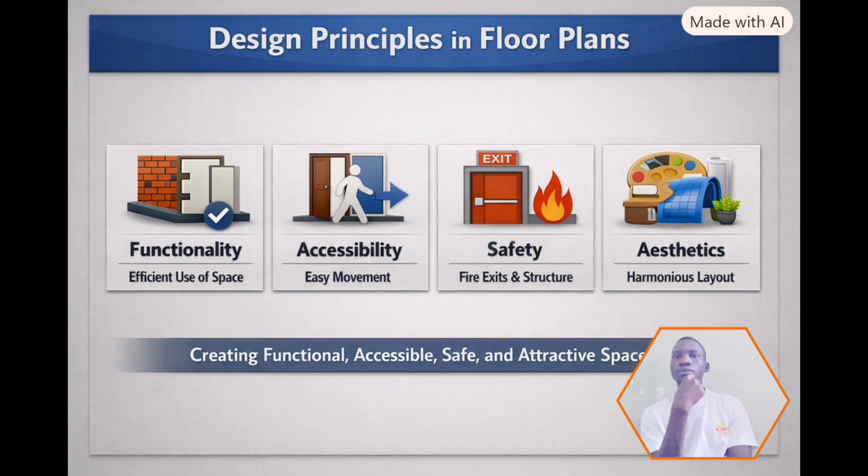Safety, exits and structure in case of any occurrence or natural disaster. There could be a fire outbreak, a landslide, or anything that could cause danger to anyone's life. The buildings will be constructed in a way that one can easily access refuge. I think that's it for design principles in ground floor plans. Moving on to the next slide.